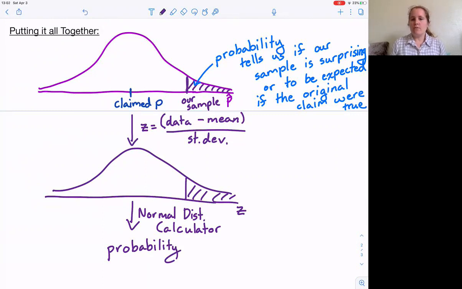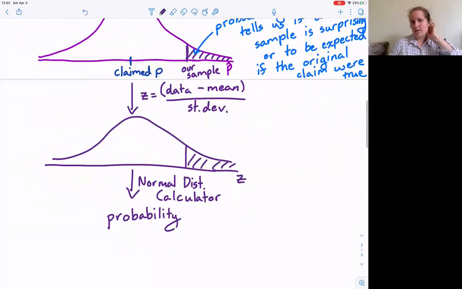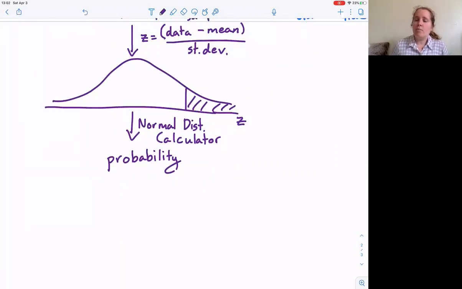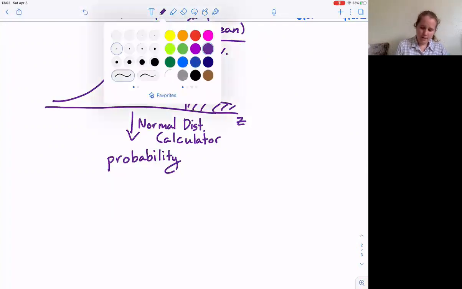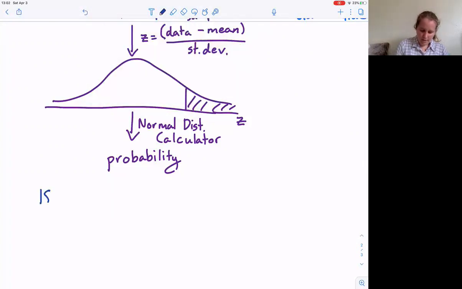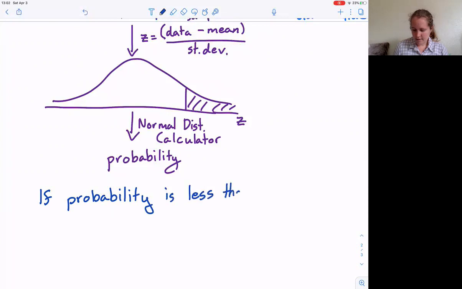All right, so that's just sort of the basis for the hypothesis tests. Once we have the probability, usually if the probability is less than 0.05 or 5%, then we consider our results to be surprising.